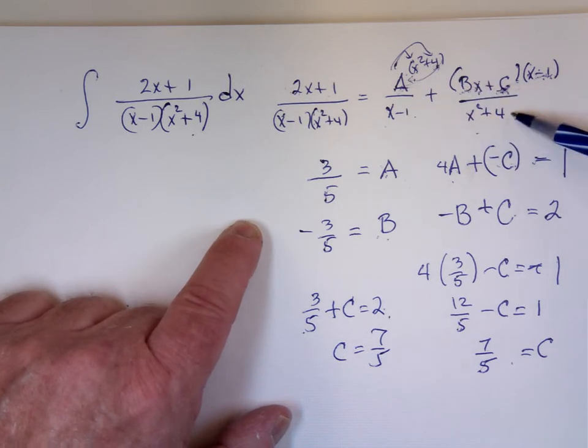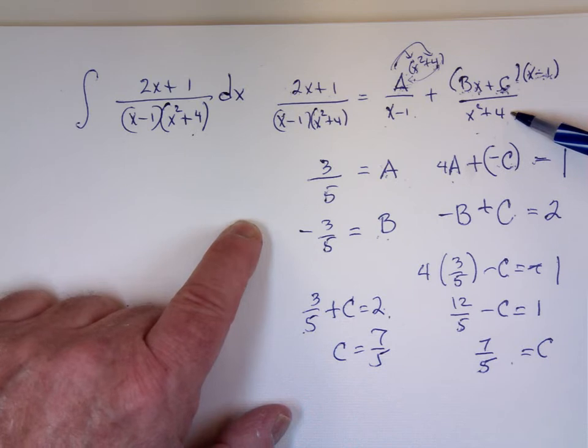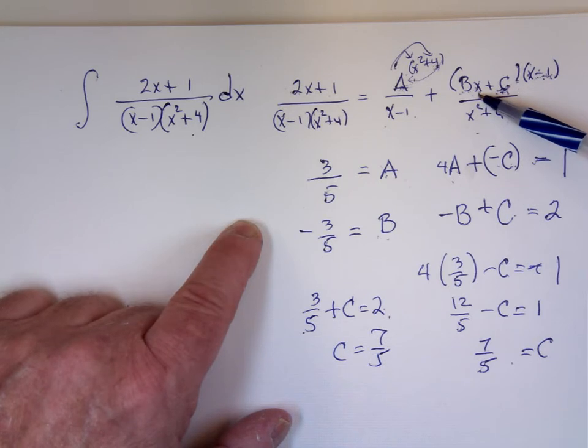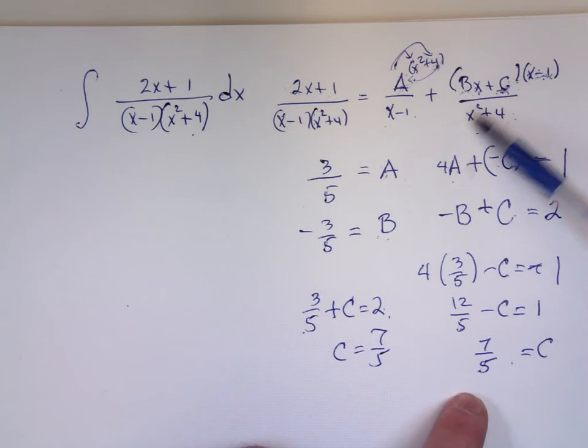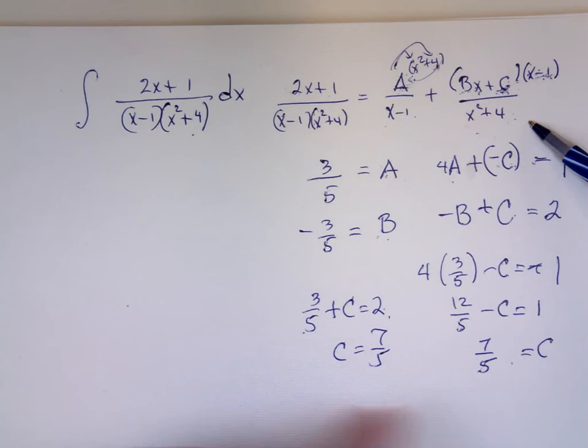U is x squared plus 4, the du is 2x dx. Well, you got a bx, so you can do that. But what's the integral of c, 7/5 over x squared plus 4? What's that integral? Inverse tangent. Thank you. And that's what it would be, an inverse tangent form, which you could do, by the way, with a trig substitution. Okay? Just pointing that out.